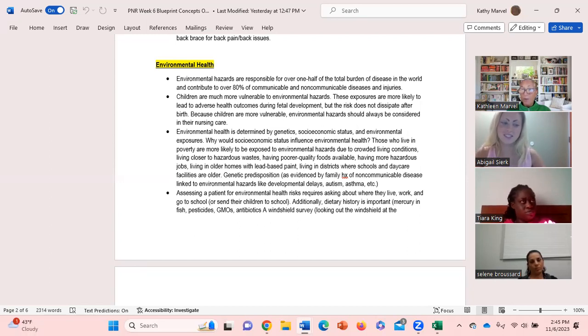What else do you have in your neighborhoods? Homeless people. When we think environmental health, we think air pollution, water pollution, maybe food contamination. The noise, airplanes.